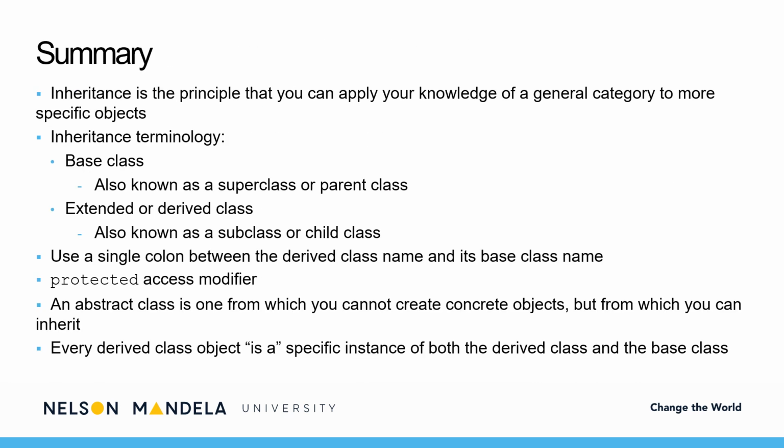Now, for our introduction to inheritance, which is the principle that you can apply your knowledge of a general category to more specific objects, like we've seen the way that we've been doing. Some terminology that you need to keep in mind is your base class is the class that you're inheriting from, which is known as either your superclass or the parent class.